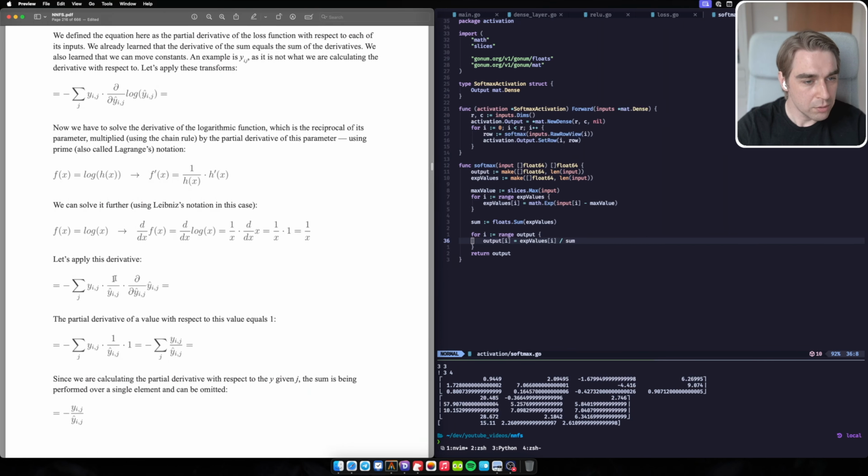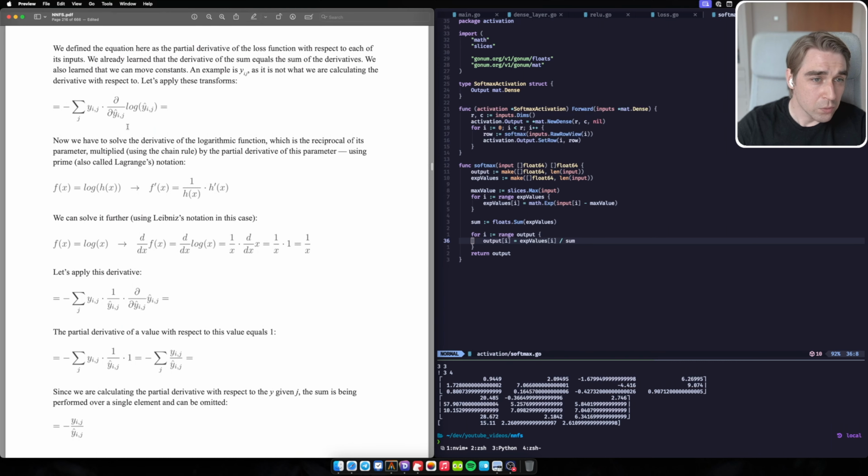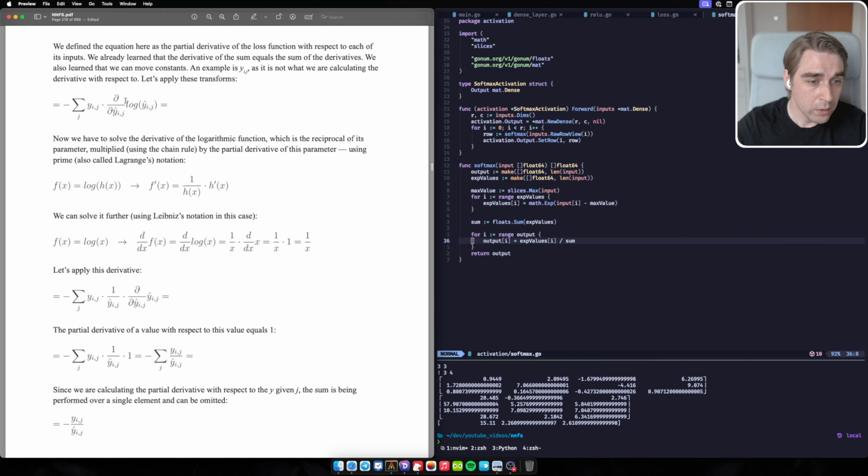Let's apply this derivative to our sum. So we have this one, and we're changing this part, right? If we're taking the logarithm of this value, then we have 1 divided by this function, which is this part, and then we calculate the derivative of the function inside with respect to this value.